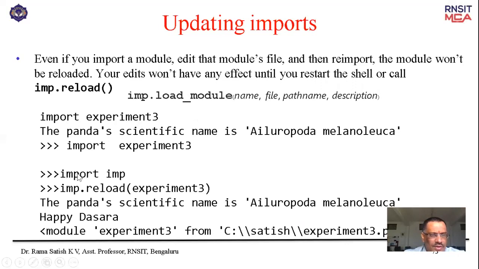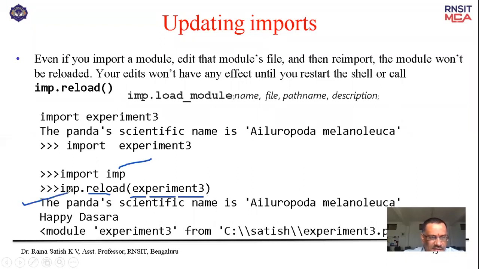There is one module, imp, and this reload is associated with imp. So you have to import imp first. Then imp.reload(experiment 3). What happens when you reload it again?